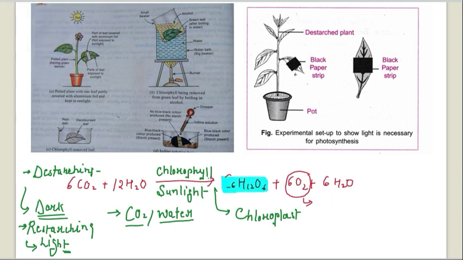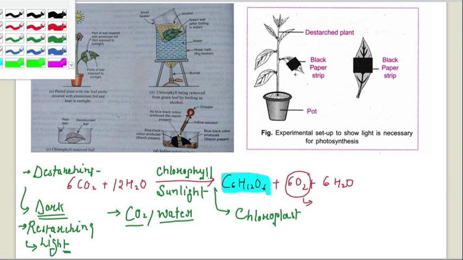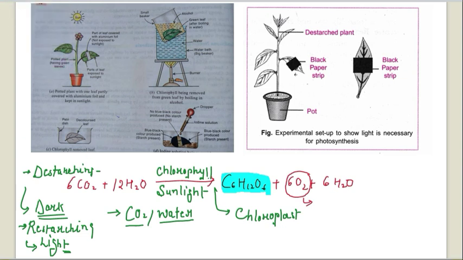So if starch is detected in the experiment, it shows that photosynthesis has occurred, right? So we have to know the two terms, de-starching and restarching, and we will use these terms frequently in the other experiments as well.